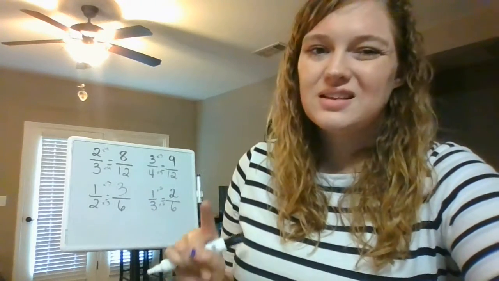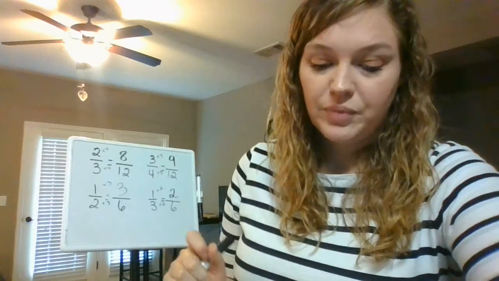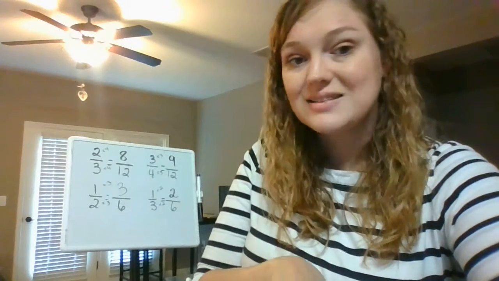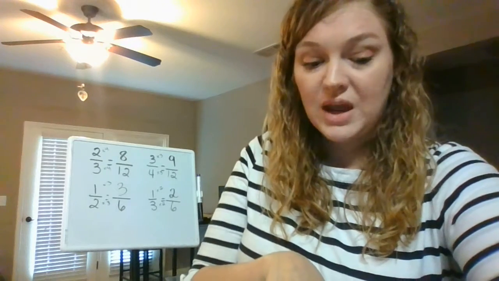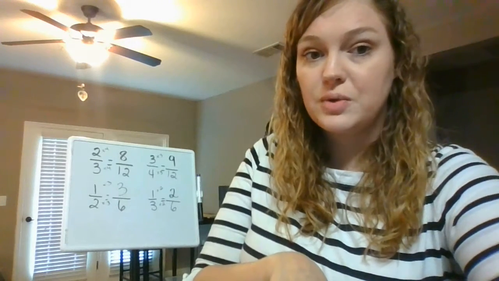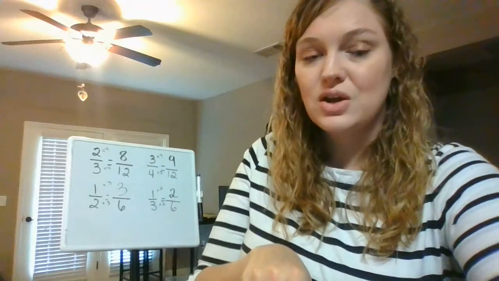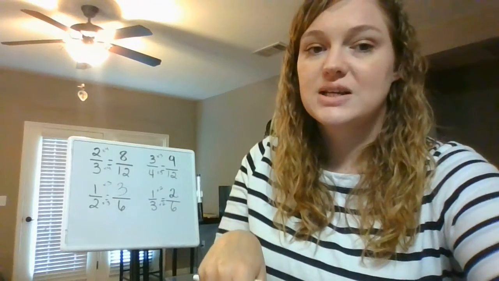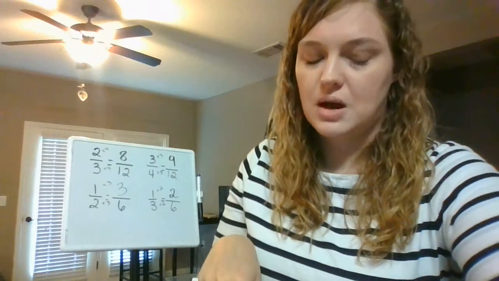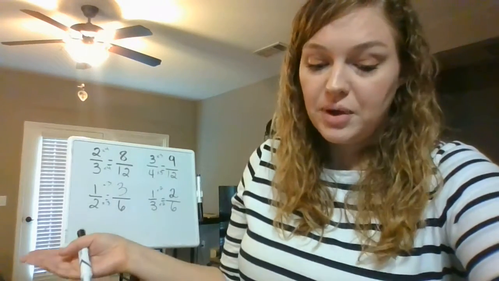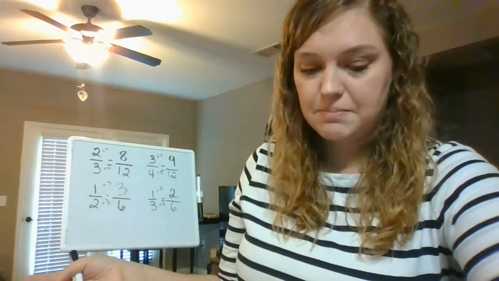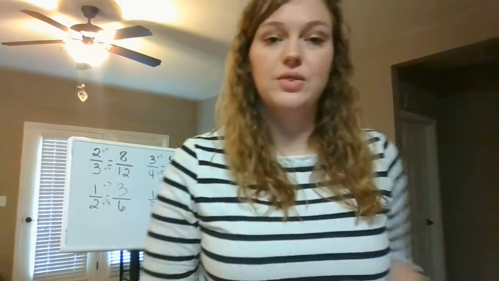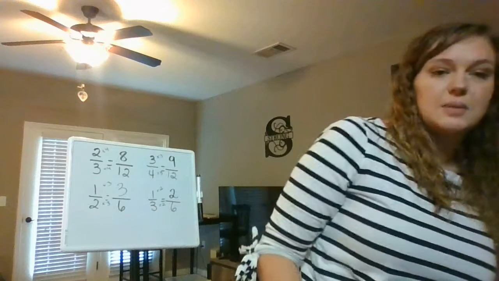But we want to find the least common denominator, which is 6, because 1/6 already has that denominator, and we know that we can multiply 3 to get to 6. So we only have to change one fraction in order to get to the least common denominator. So I keep 1/6 the same, and then I work with 1/3 to get to a denominator of 6.